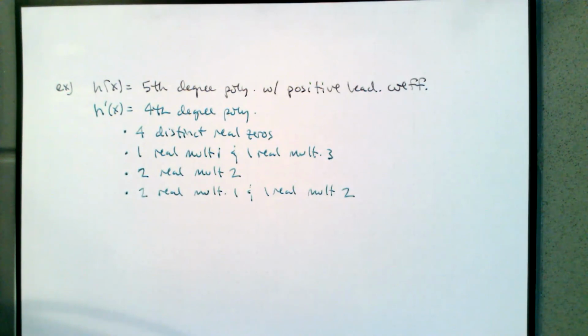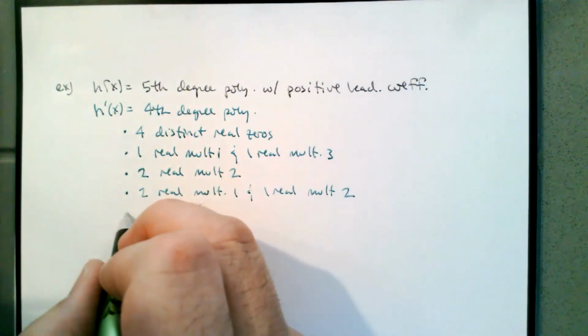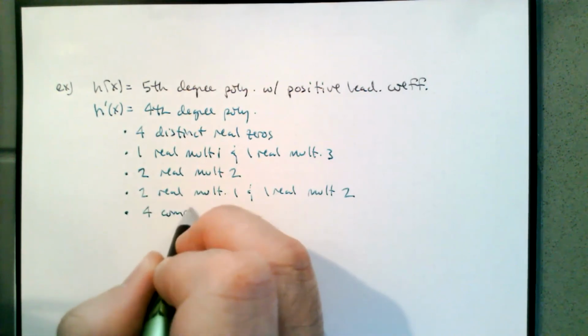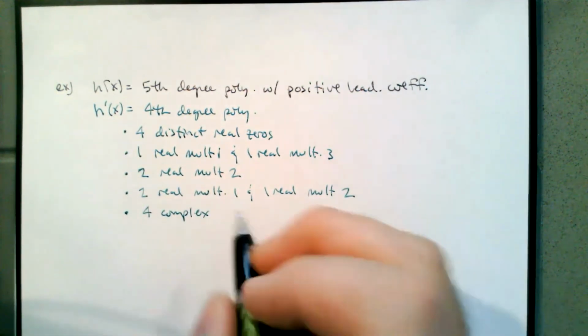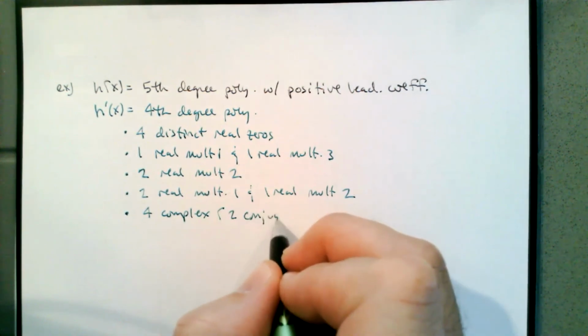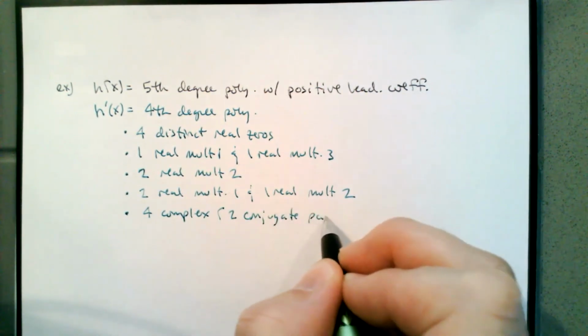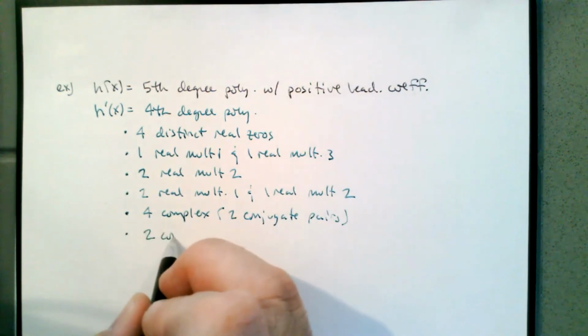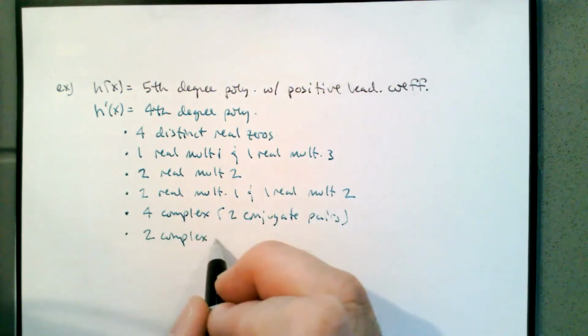And I could have complex zeros. I could have 4 complex, two conjugate pairs. I could have 2 complex and 2 real.